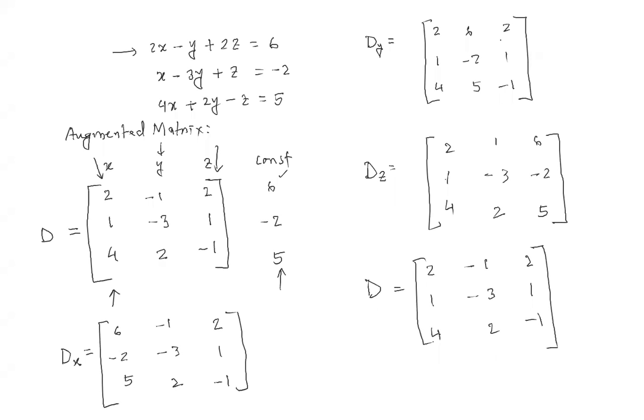Now you know how to construct D sub x, D sub y, D sub z, and D. The only notational difference is this: D sub x is actually the determinant of this matrix, D sub y is the determinant of this matrix, D sub z is the determinant of this matrix, and D is the determinant of this matrix.